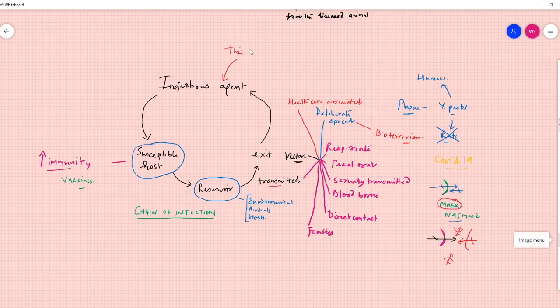This lecture would be focusing on the selection of antimicrobials, the general principles involved in the selection of antimicrobials. So this is the topic that our lecture today is going to focus on.